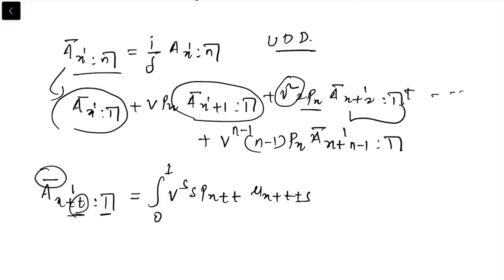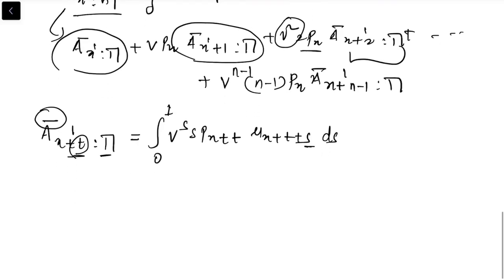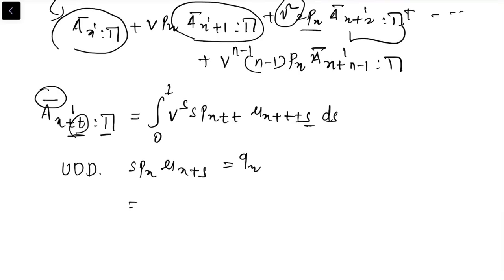That's why I have assumed a dummy variable inside the integration, that is s, and this is ds. Okay, so now from UDD we assume ₛp_x μ_{x+s} equals q_x, right? So can I write q_{x+t} is ₛp_{x+t} μ_{x+t+s}.